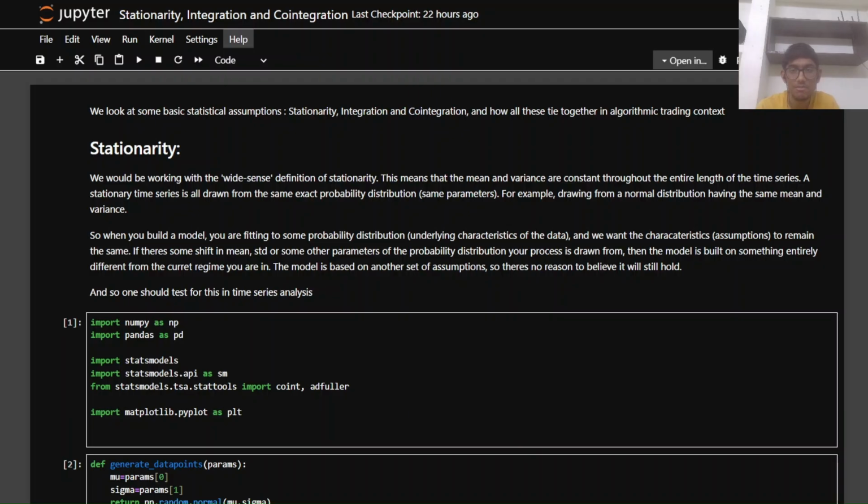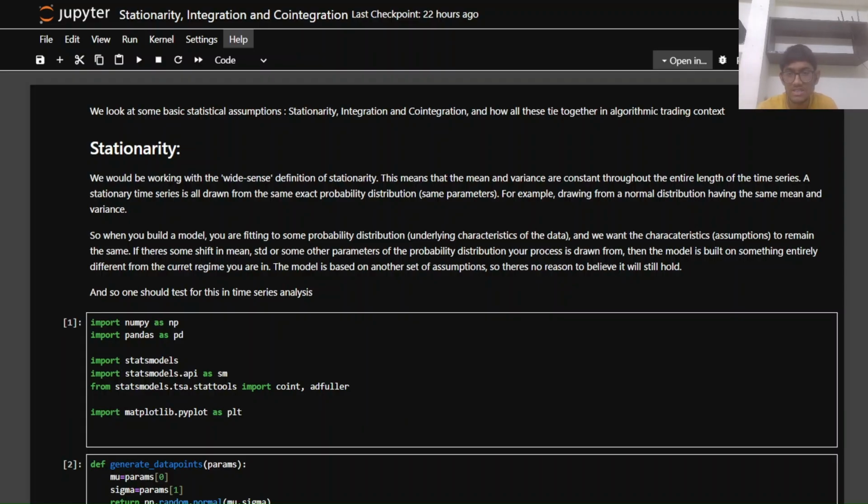For example, if you have your time series elements drawn randomly from a normal distribution having a constant mean and variance. Now, why is this important? Well, when you build a model, you're fitting to some probability distribution or underlying characteristics of the data, and we want these characteristics or assumptions to remain the same and not change. Why?